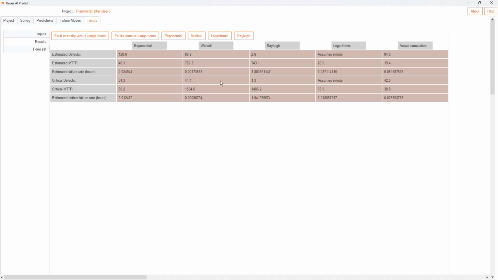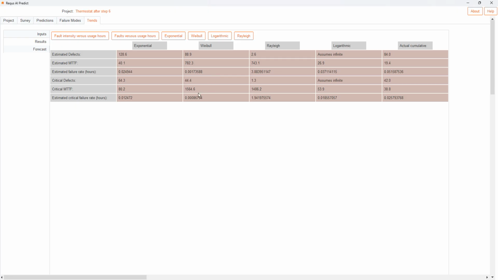We could create a band of these three models, low, medium, and high, and take a look at what's our goal for this software. Let's say it's 100 hours. Do any of our models actually estimate 100 hours? And the answer is one of them does. If our goal was 50, then we've got one that's very close to estimating that right now.